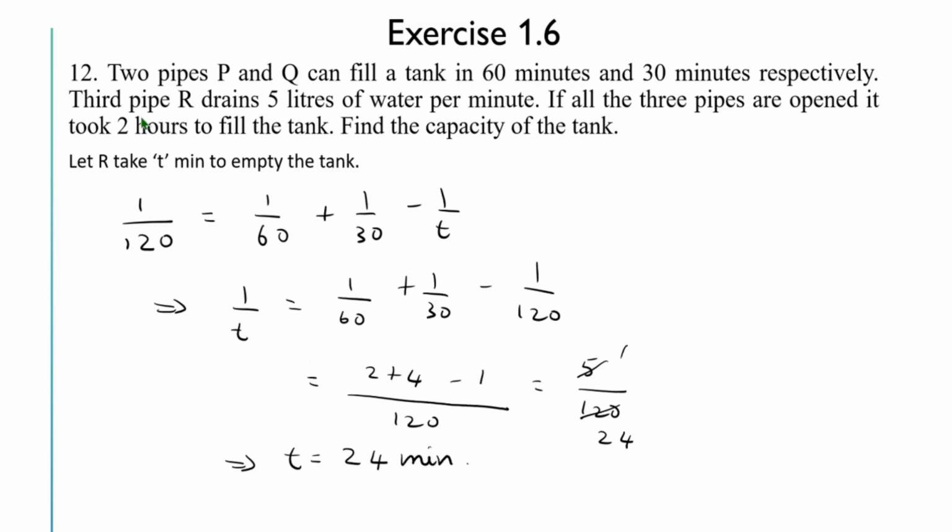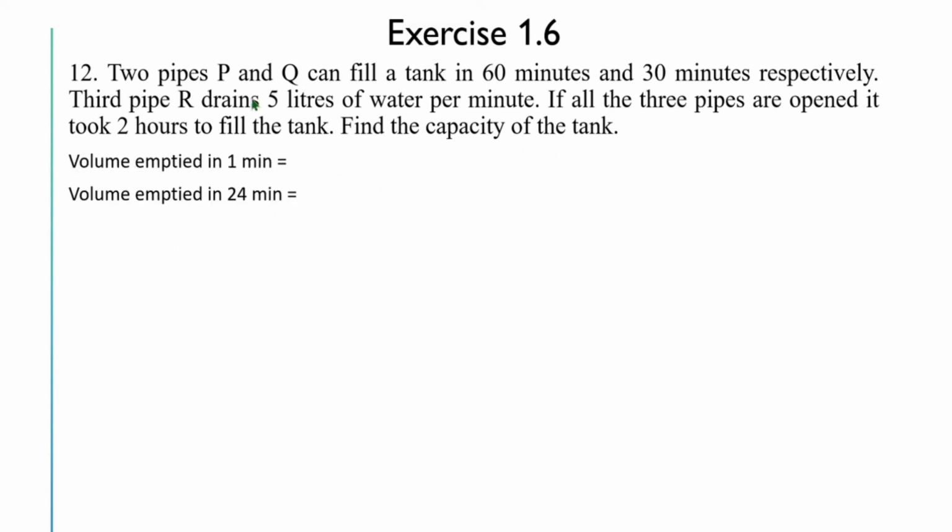Here they have given third pipe R drains 5 liters of water per minute. That is, in 1 minute R drains 5 liters of water. So if we find the volume drained in 24 minutes, then that will give us the capacity of the tank. So volume emptied in 1 minute is given as 5 liters. We have found that R takes 24 minutes to empty the whole tank.